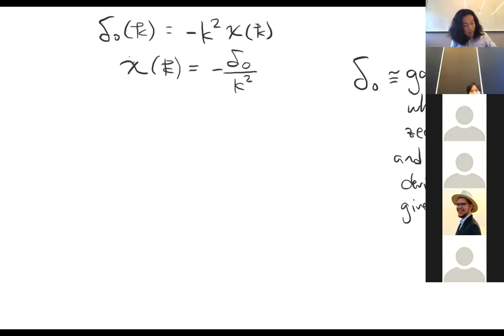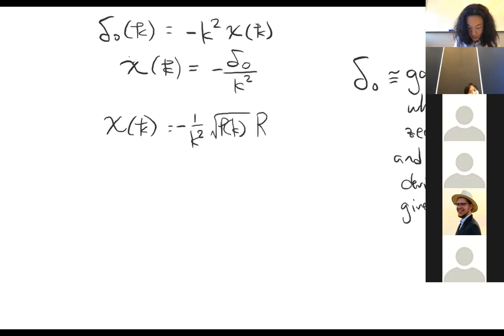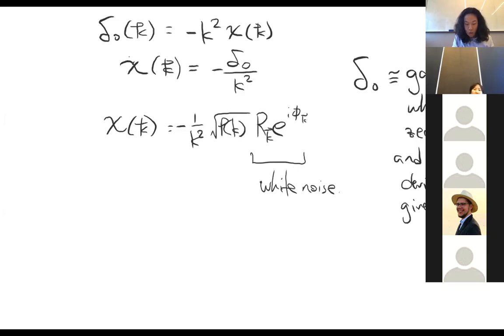So once we get this kind of description, think of delta naught as just a Gaussian white noise field with zero mean and that standard deviation. Then we can write the right-hand side of this as minus 1 on k squared, the standard deviation times a randomly drawn amplitude and a randomly drawn phase. As long as this random part satisfies the white noise requirement, then this whole thing makes sense.